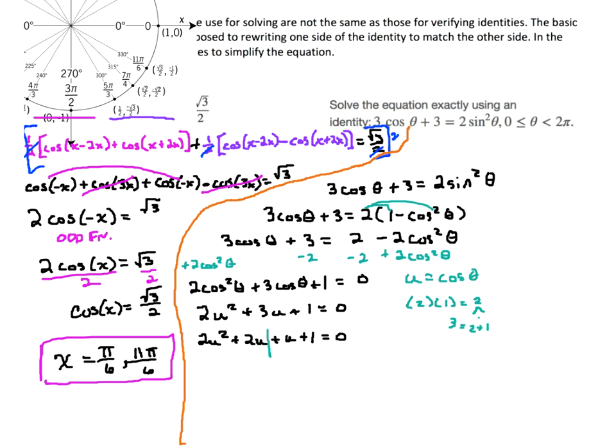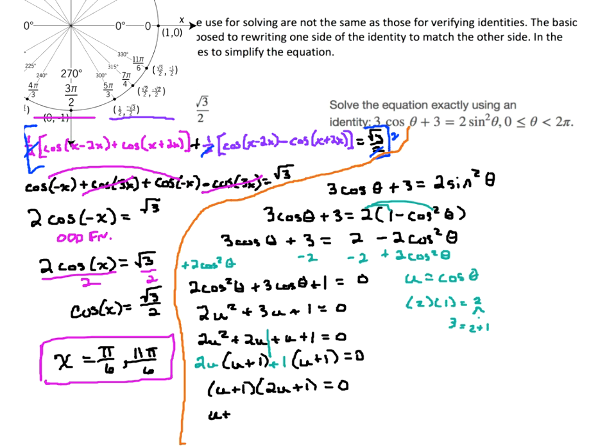And then I split them down the center, factor by grouping. I'm going to factor out 2u there. And when I do that, I'm left with u plus 1. The only common factor that I have on the right-hand side is a positive 1. And when I factor that out, I'm left with u plus 1, and that equals 0. So I get u plus 1 times 2u plus 1 equals 0.